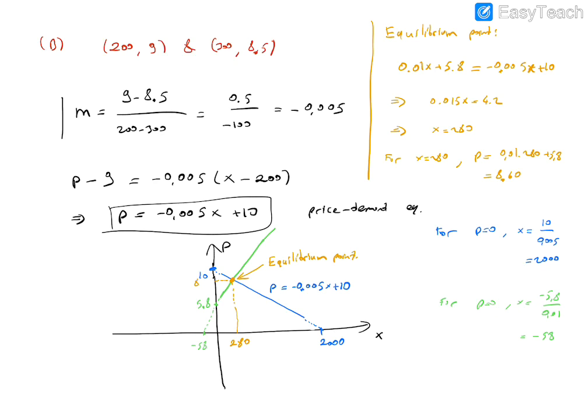Okay, so this is 8.6. So the equilibrium point is 280, 8.6. Okay, so this is the graph of these two equations.